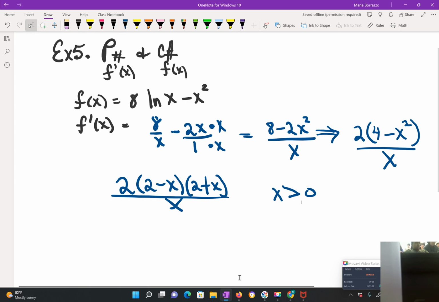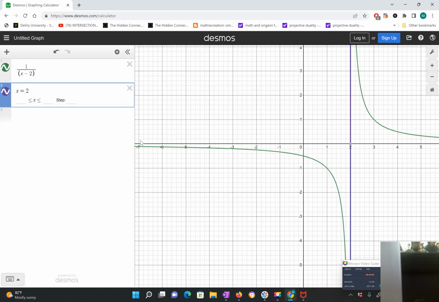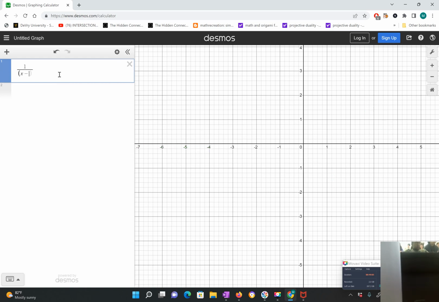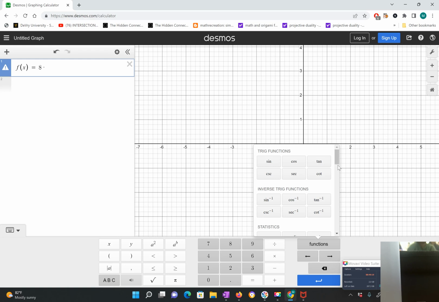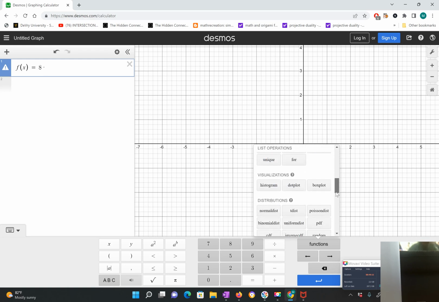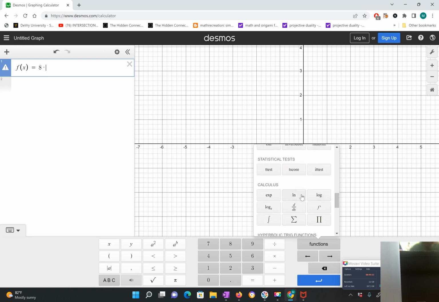So I graphed this on Desmos. You have to be careful with Desmos because it's kind of a pain when it comes to natural logs. So in this case, I said f of x is equal to 8 times, you have to select your functions down here, natural log.